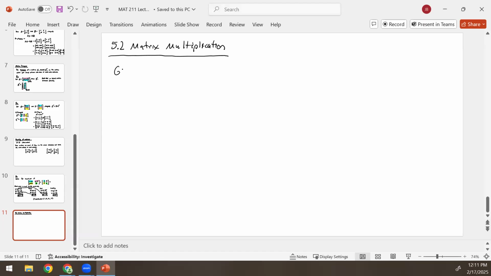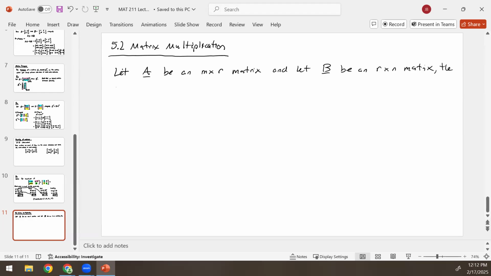Let A be an M by R matrix, and there's a reason I choose R, and you'll see in a moment. And let B be an R by N matrix.